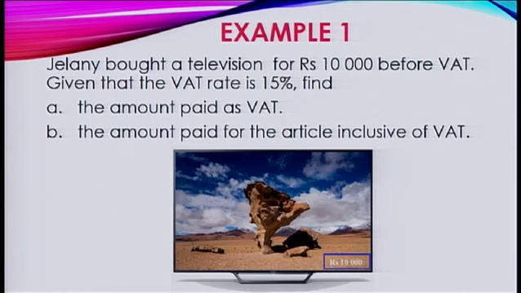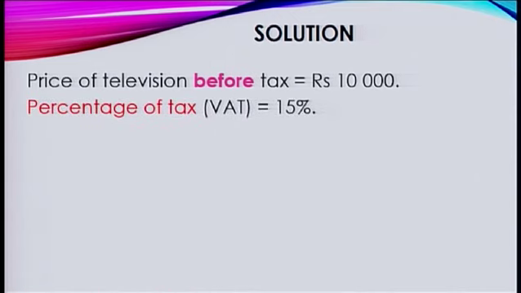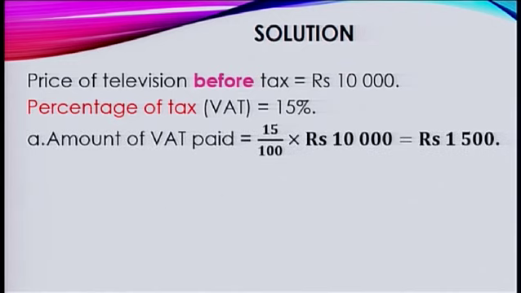How do we go about this type of question? We know that the price of the television before VAT is 10,000, and we know that the percentage of tax is 15%. In the first part, you were asked to find the amount of VAT paid. So, simple maths. It's simply 15 over 100 times 10,000, which will give you 1,500.